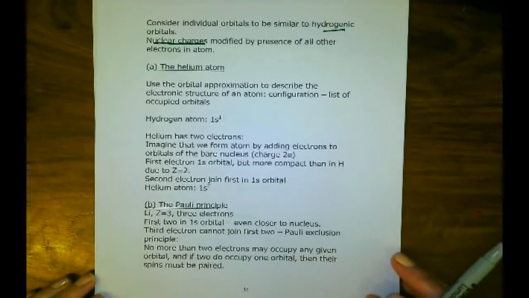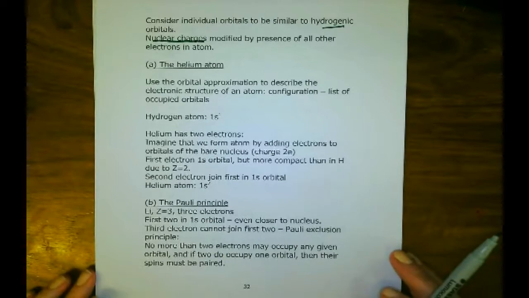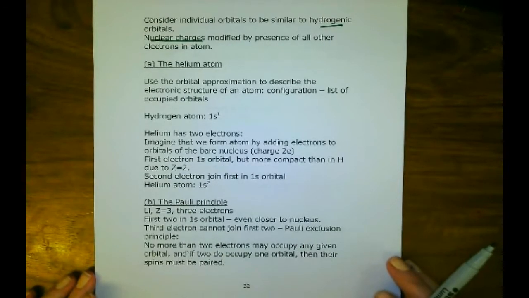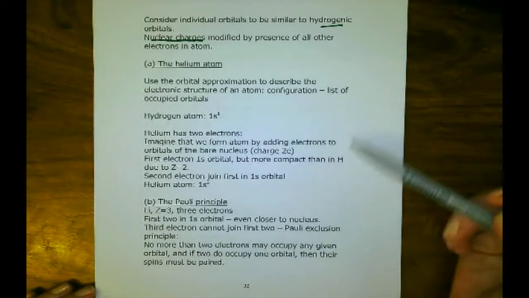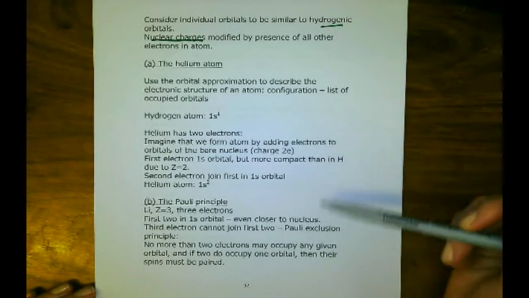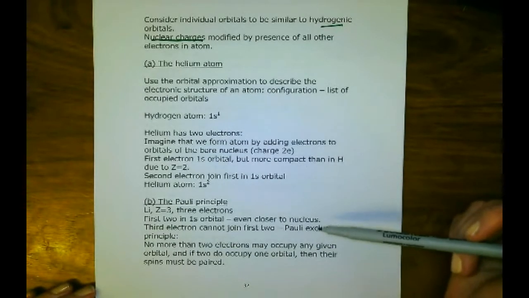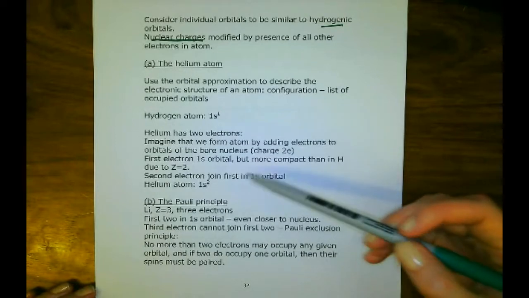So we can now move to what is called the Aufbau principle, where we start adding electrons to orbitals. And this is something that you are familiar with, so most of this I want you to do as self-study.